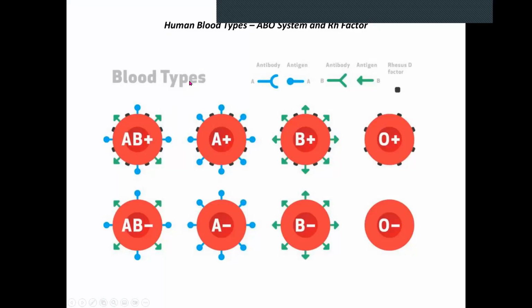So we have a number of blood types. We have AB positive, that means the rhesus factor is there. We have AB negative without the rhesus.